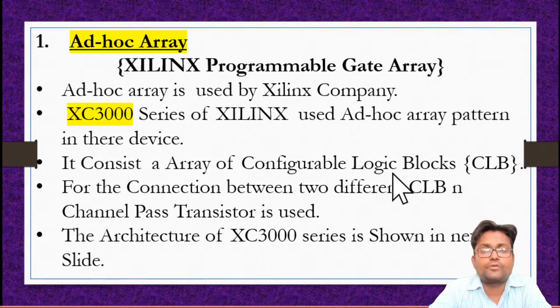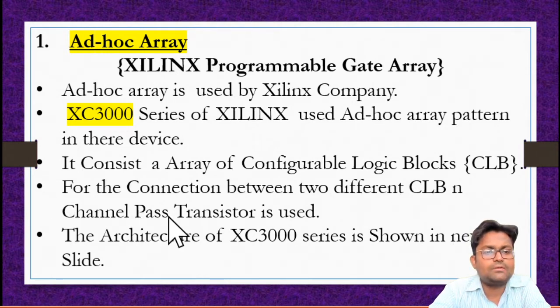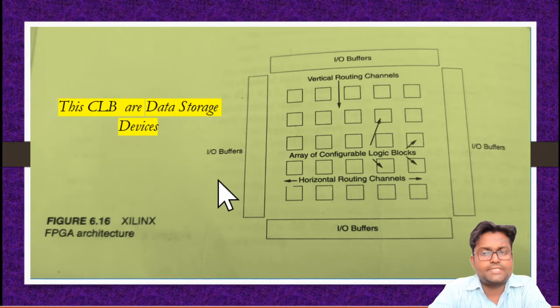In a configurable logic block, for implementing any function, we can use several types of multiplexer. Also, for the interconnection of one configurable logic block to another, we use n channel pass transistors.